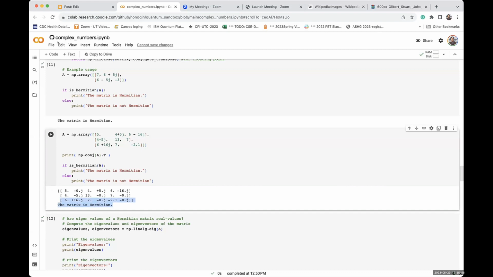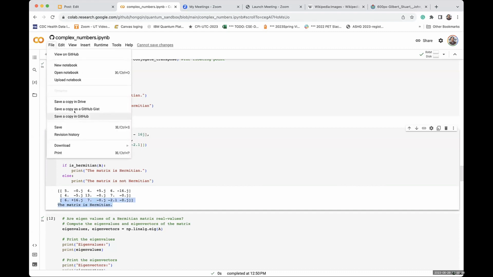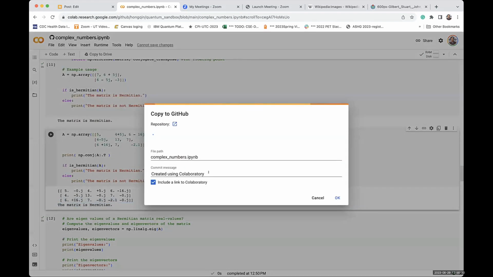So okay, I can also save a copy back on the GitHub, and I say updated with Hermitian example from the book. Which example is that? Hermitian example from example 2.6.1.